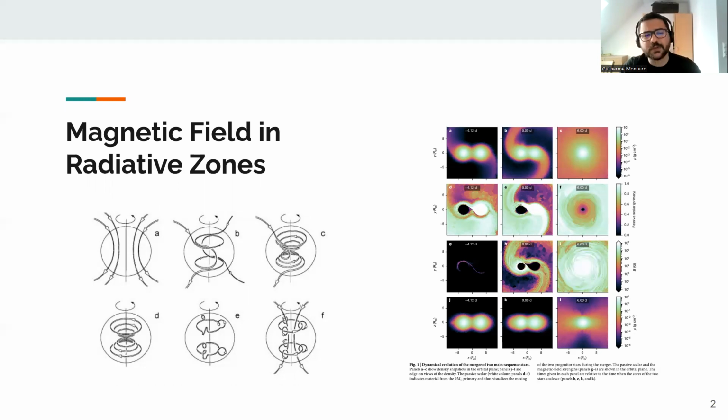But if we try to mimic those effects on radiative zones, they're not so logical. I mean, you will not be able to see eddies on radiative zones. So how can you have some alpha effect occurring?